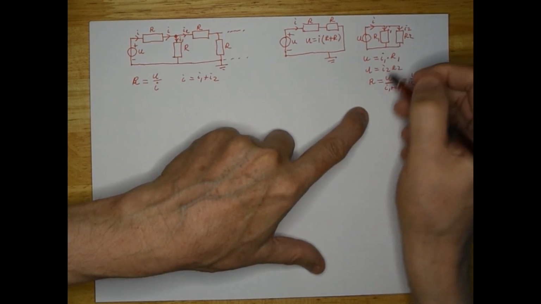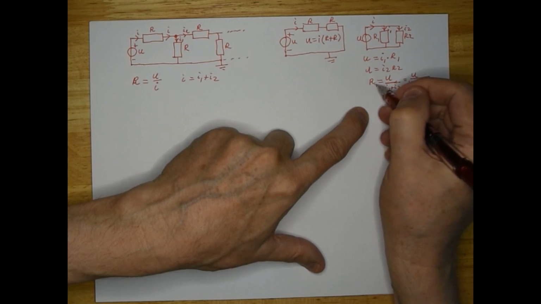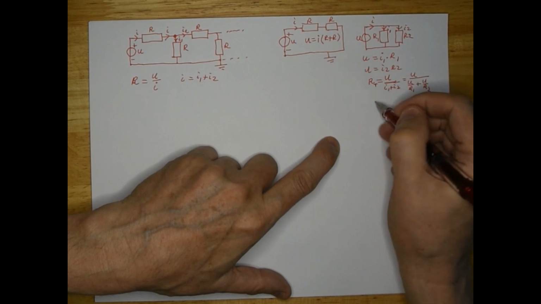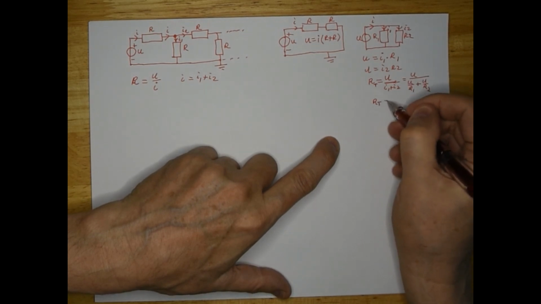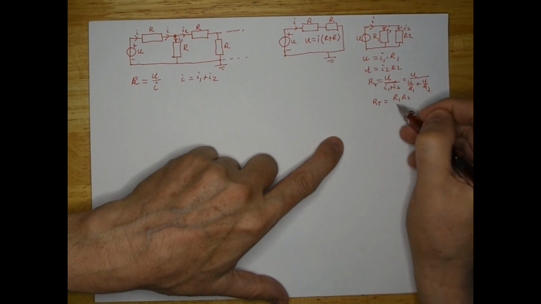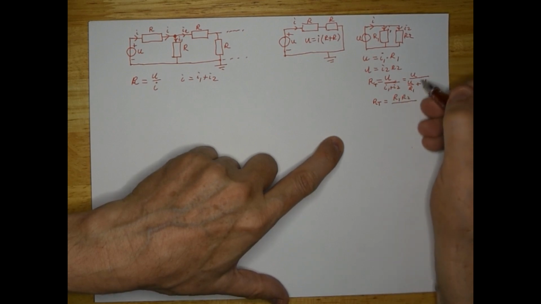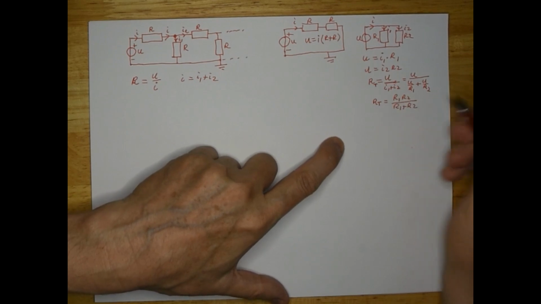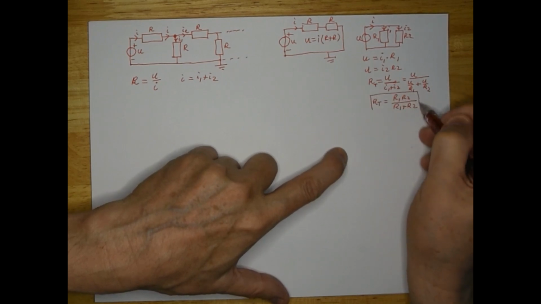So the total resistance here, we can simplify this a little bit, and if we do that, we will see that the total resistance is R1 R2 over R1 plus R2, by multiplying top and bottom with R1 R2 and dividing by U. The U will go away. You will get this resistance.